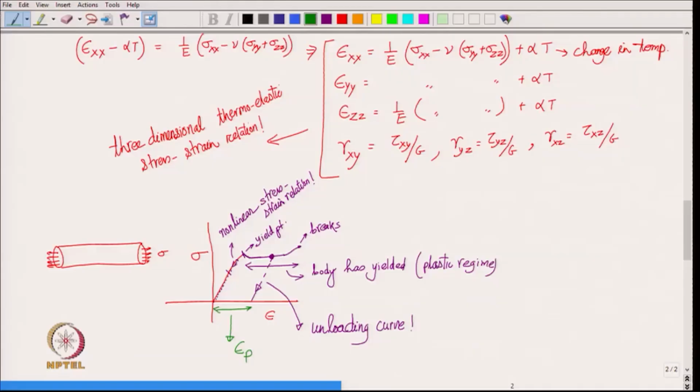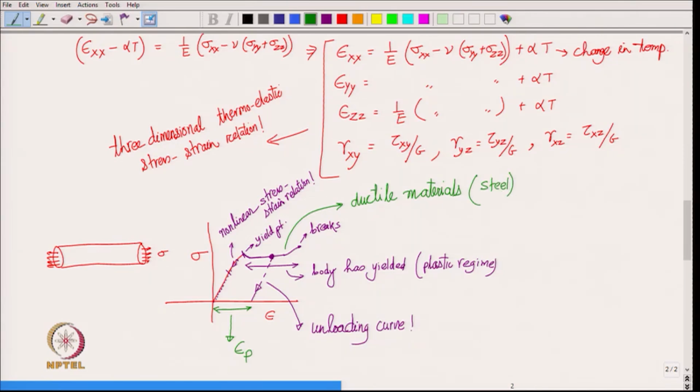And if you keep on further increasing your strain, then at one point it will simply break. So, this is the curve for ductile materials. Steel is an example of ductile material.